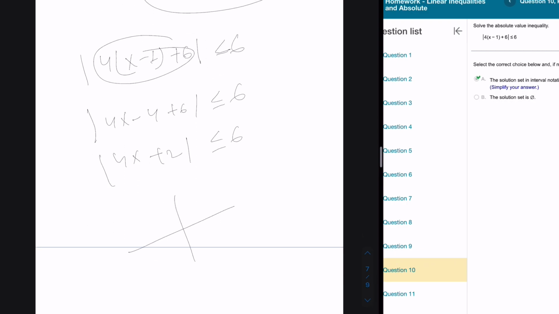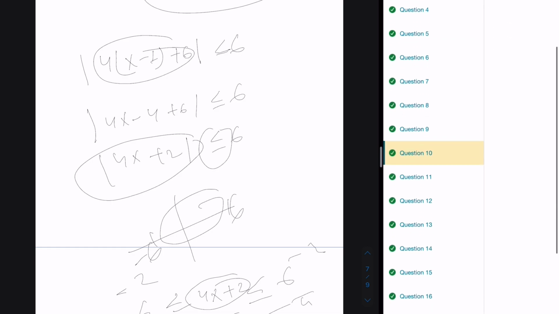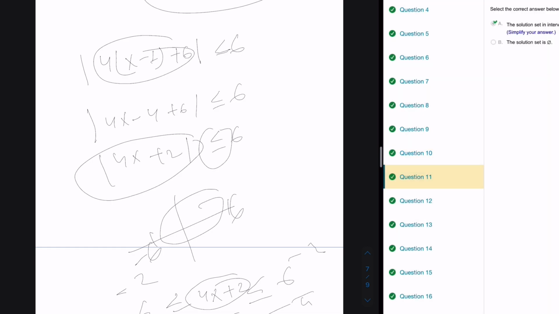So this is 6, here is minus 6. The absolute value is smaller, that's why the interval will be in between. Now solve for this by subtracting 2, then dividing by 4 on all sides, and you will get the answer.